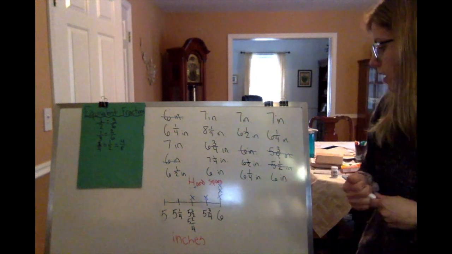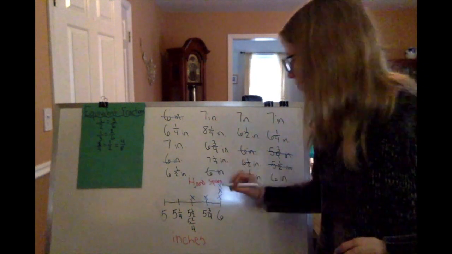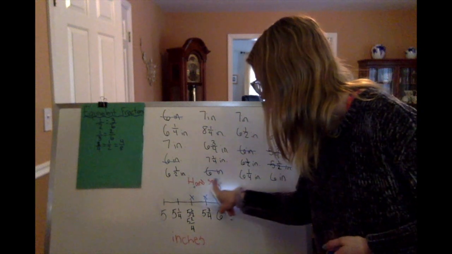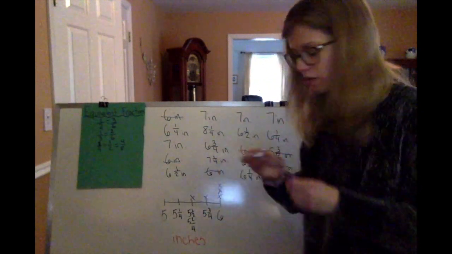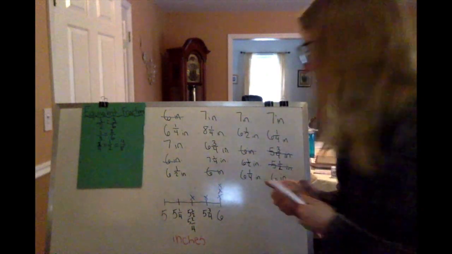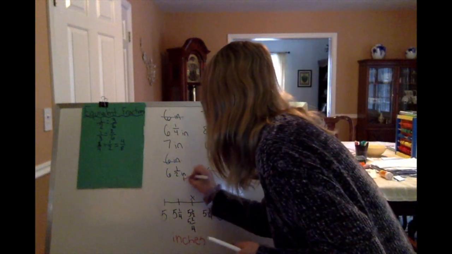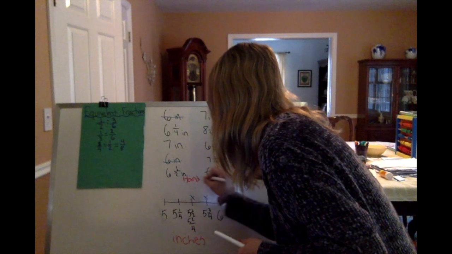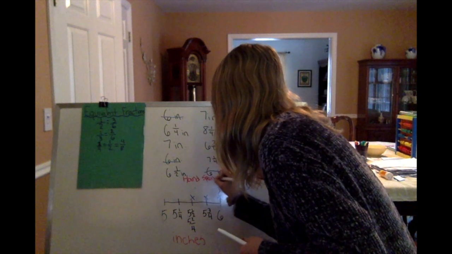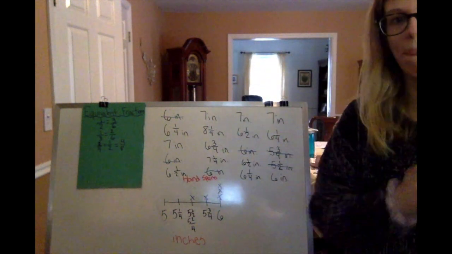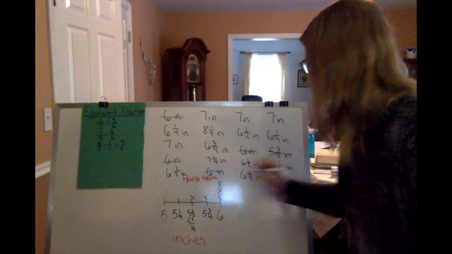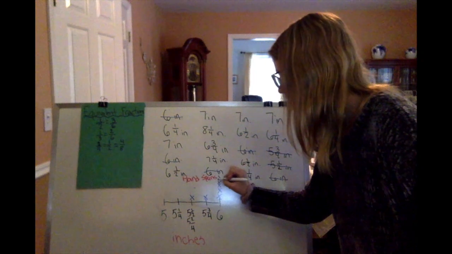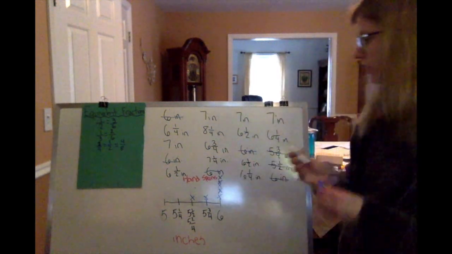So I have 5 1/2, another 6 inches. I'm just kind of move over my title. It's a little tight on the board. And another 6 inches. And they're all even throughout.